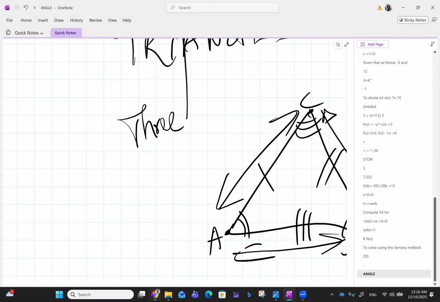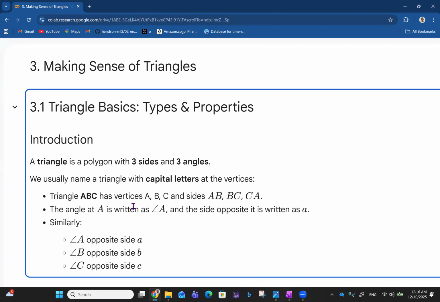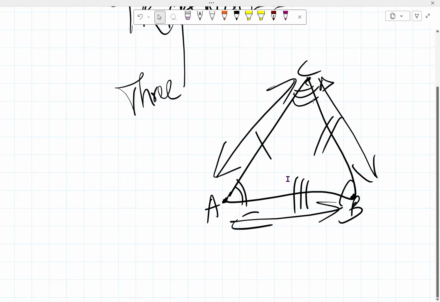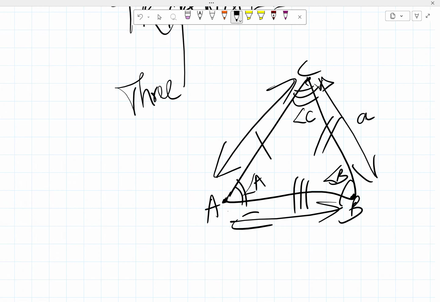Then the angle at A is written as angle A, and the side opposite it is written as small a. So this is angle A, angle B, and angle C. The side facing each angle is named using small letters. This side is facing angle A, so this is side small a.